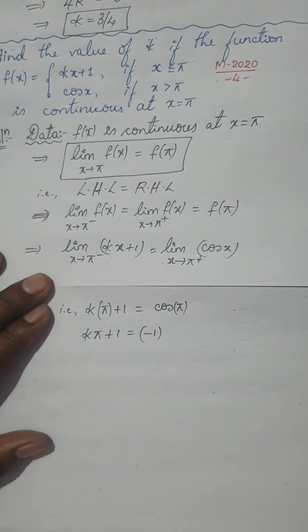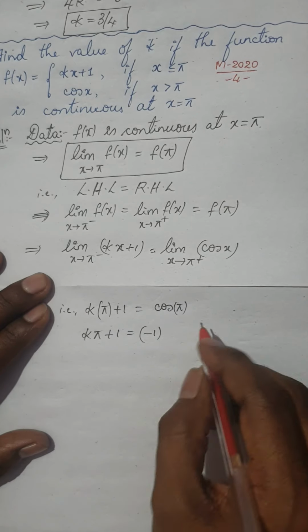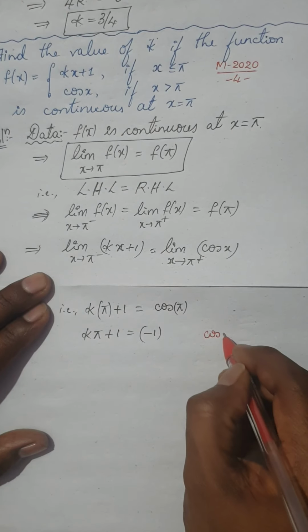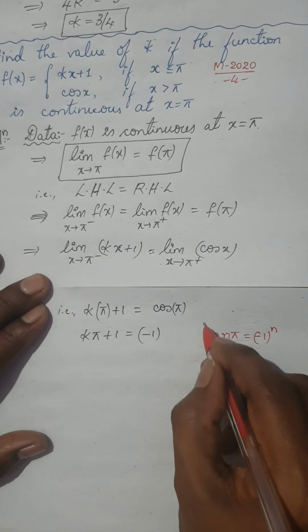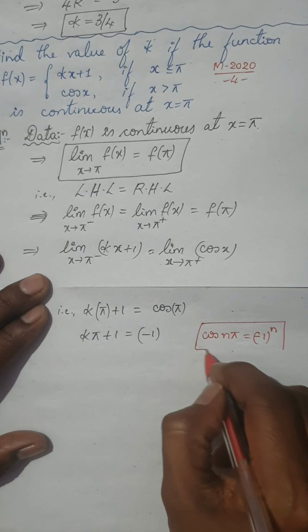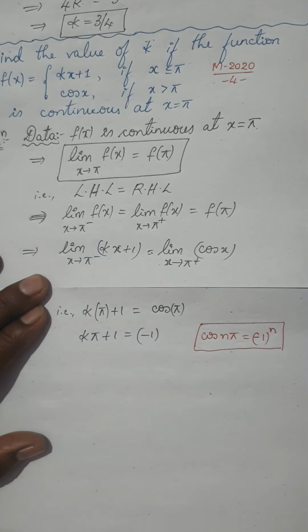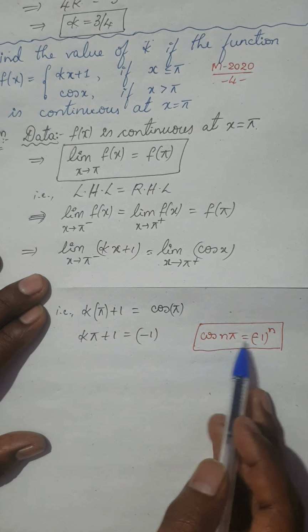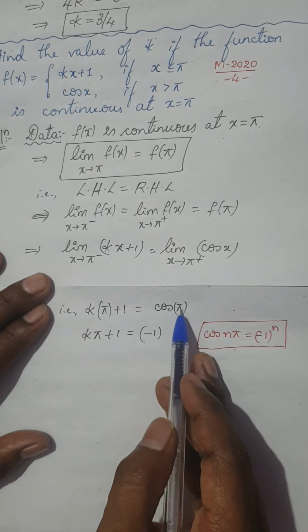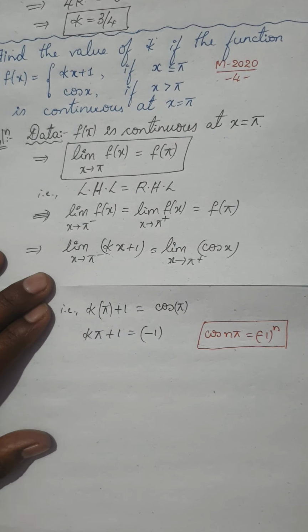Cos pi is minus 1. Hope you remember the formula: cos n pi is minus 1 power n. You should remember these basic results. Cos of odd multiples of pi is minus 1 and cos of even multiples of pi is plus 1. So because it is odd pi, it becomes minus 1.